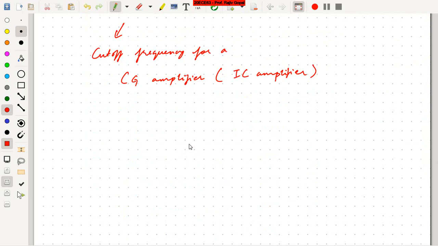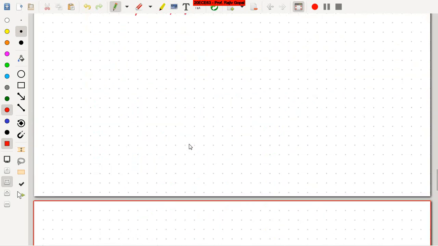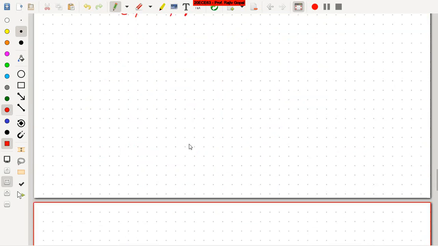We'll look at a small problem now. Any queries still here? Right. So in the problem, we'll find out the gain, Rn, Rout, and FH for a given CG amplifier.